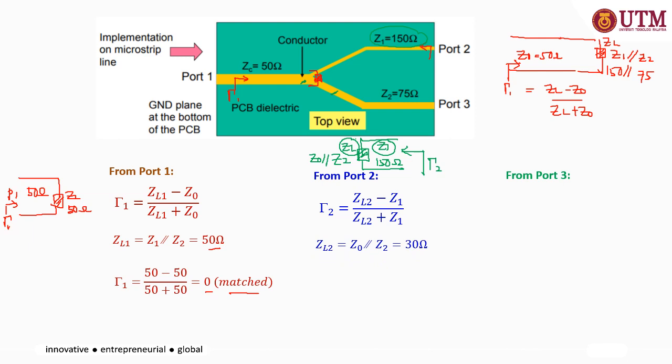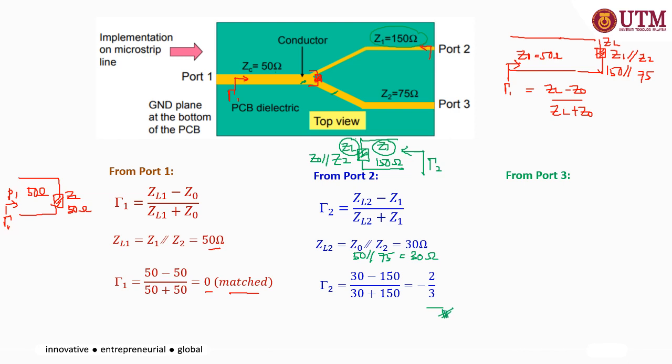So ZL, 50 in parallel to Z2 of 75, gives 30 ohm. Then you calculate gamma 2, the reflection coefficient at port 2, and it is equal to minus 2/3.